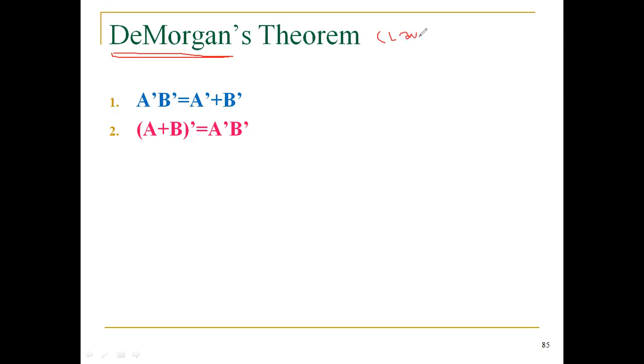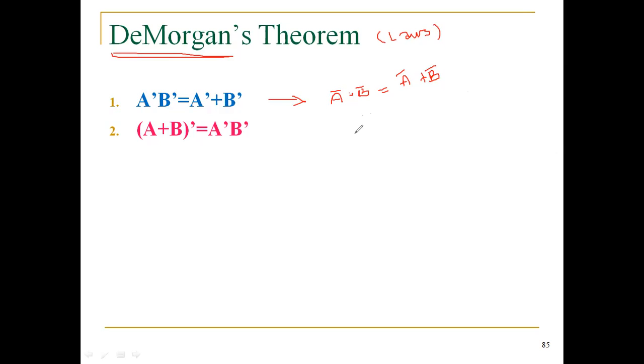The first law, in some books, is like this: (A dot B) whole bar equals A bar plus B bar.